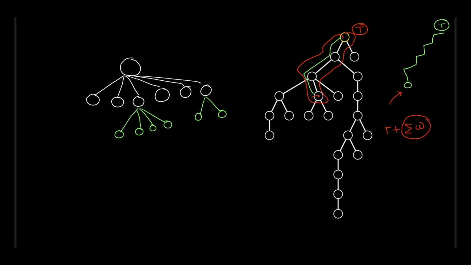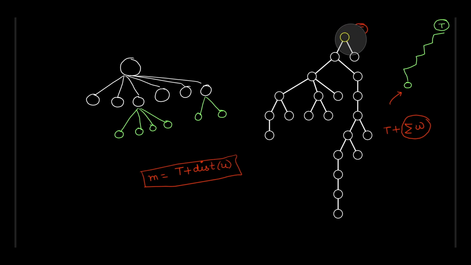So in fact, this time would be nothing but T plus distance of u, because distance of u means the sum of weights of all the edges from the root to this node. So T plus distance of u would be the time at which you arrive at this node.